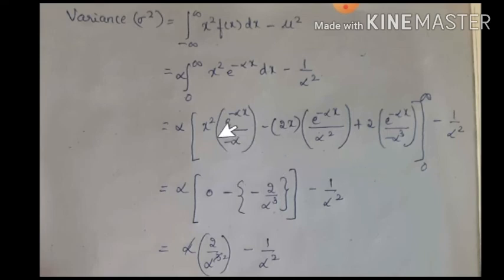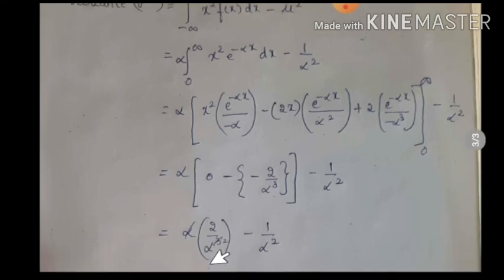Since x term is there in this first and second term, these two terms become 0, and you know e to the power of 0 is 1. So only one term is left out, that is minus 2 by alpha cube. Minus minus become plus 2 by alpha cube. Alpha will get cancelled, you will get 2 by alpha square.